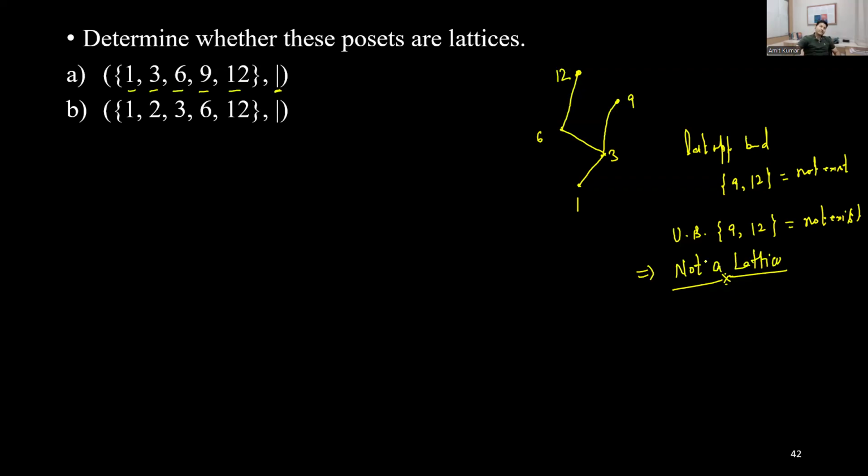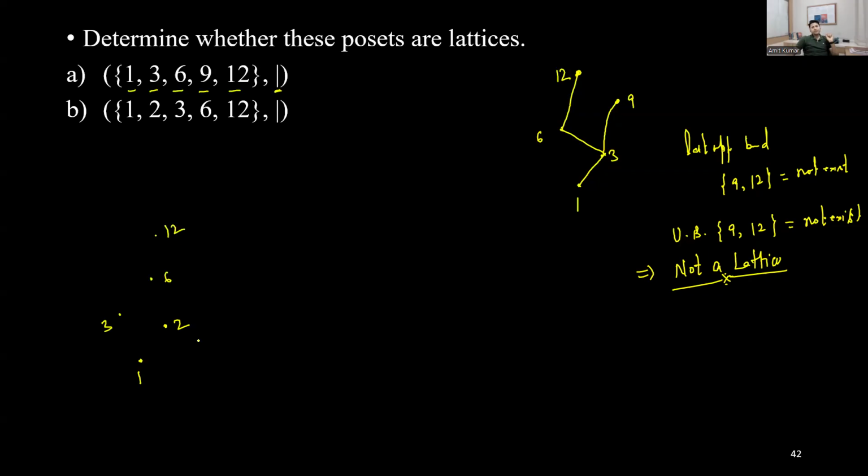Let us take one more example. This time the operation is divisibility and the elements are 1, 2, 3, 6, 12. As already proved, divisibility is a partially ordered set in the first one. Now let us try to draw its Hasse diagram, and then we'll try to find the supremum and infimum for every pair of elements.